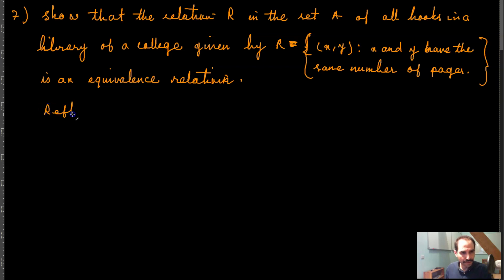So reflexive: you can argue that (x, x) belongs to R. I don't really know how I can make that assumption that two books having the exact same number of pages do exist.